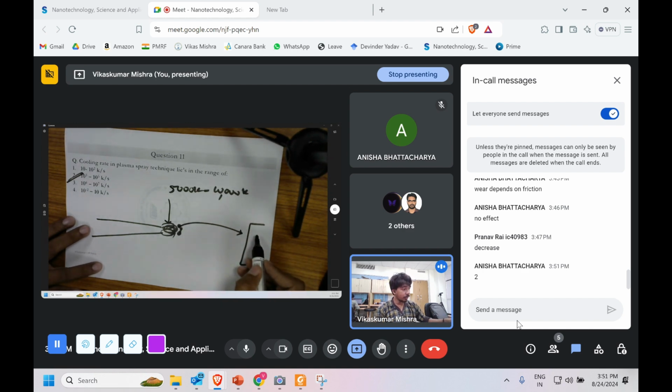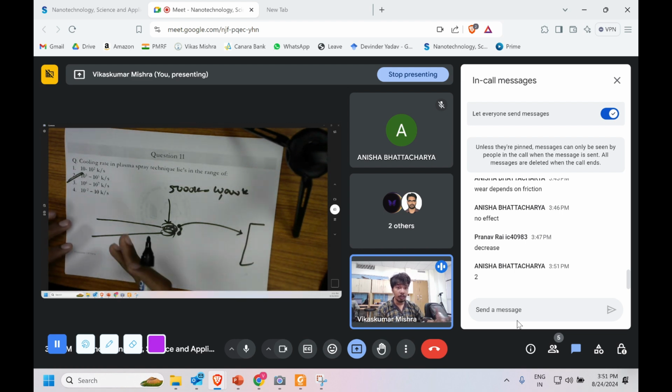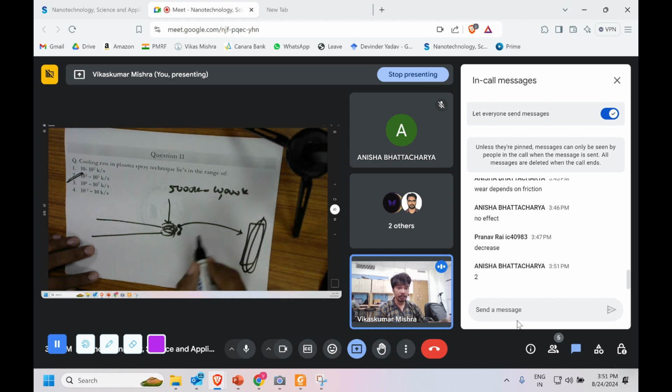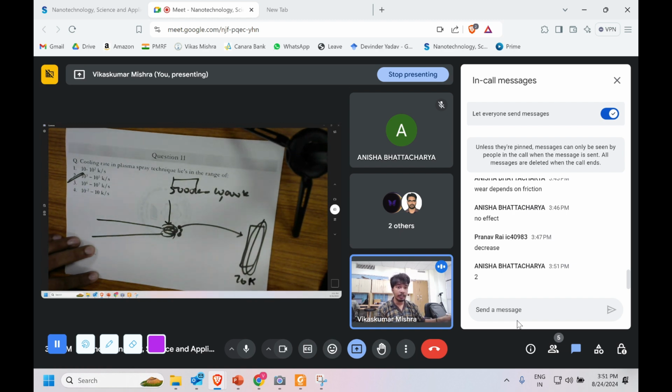The surface is the one which we need to cool down with time. So it is attached to the liquid nitrogen cooling system. So going from this high temperature to the low temperature of around 70 Kelvin of liquid nitrogen, this particular rate is the one. If you do this, it is going very fast.